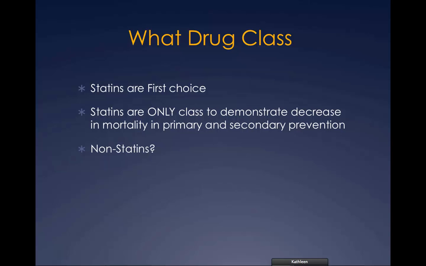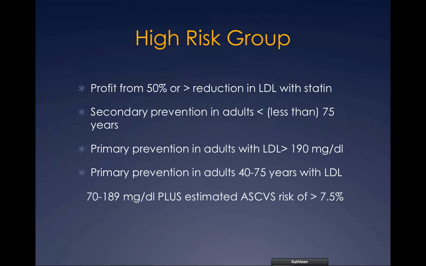Statins, what drug class for someone who has hyperlipidemia? Statins are the first choice. Statins are the only class to demonstrate decrease in mortality in primary and secondary prevention, and non-statins haven't shown any of this. So the high-risk group profits from a 50% reduction in LDL with statin.